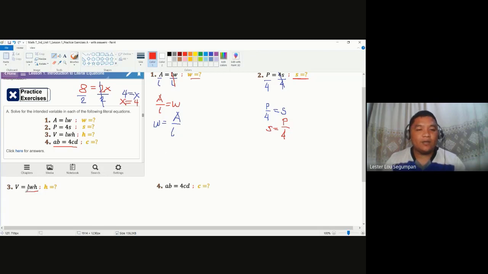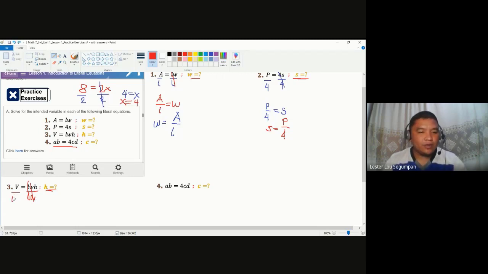So again, let's go back to number 3. We are looking for H, in this derivation of the formula, and not the volume. So to do this, again, we divide both sides by L so that we can remove the L, and also the W, or the width. We also divide both sides by it.